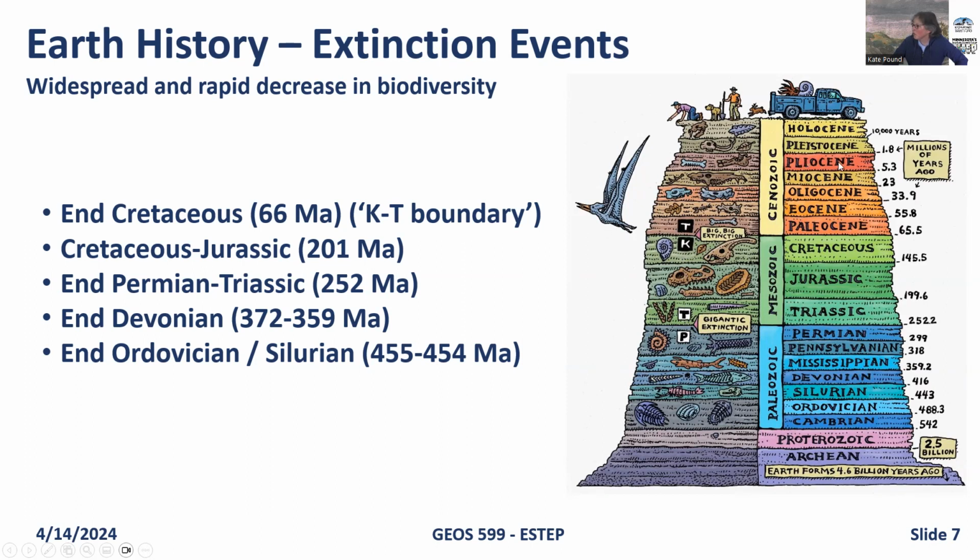This is where I'm just going to remind you that the Cenozoic is actually divided into the Tertiary, which includes the Paleocene, Eocene, Oligocene, Miocene, and Pliocene, and then there's the Quaternary, which is made up of the Pleistocene and the Holocene.